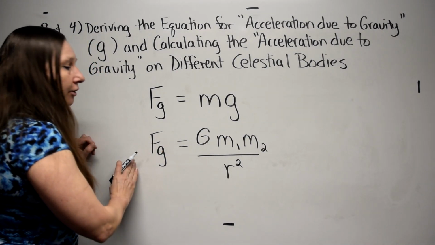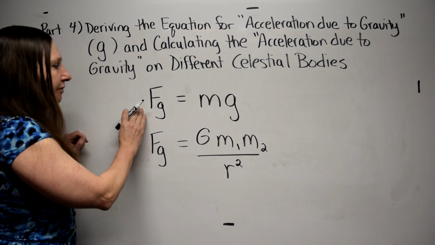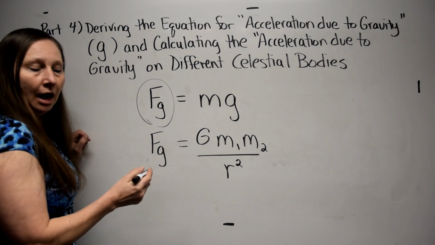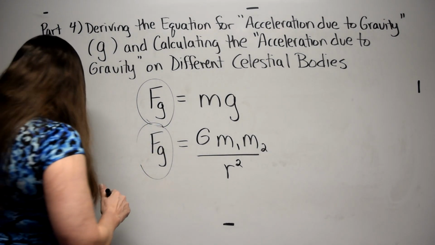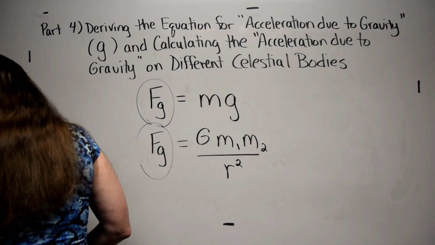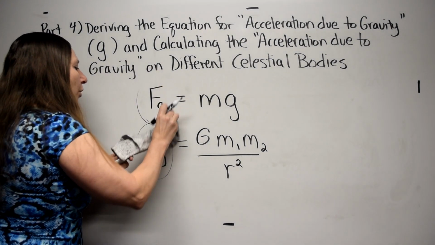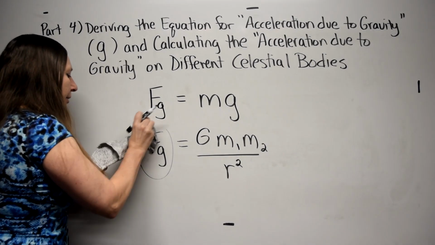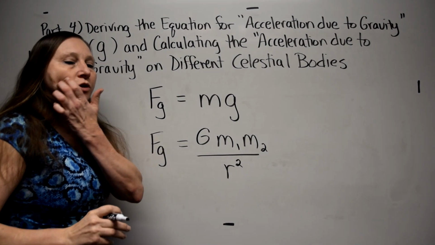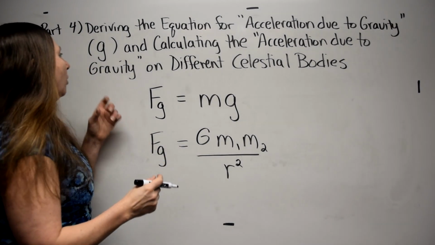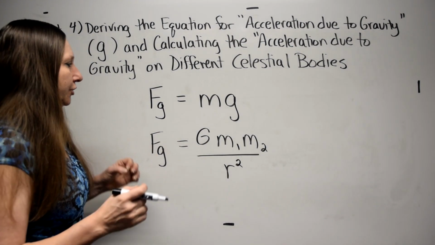Now, looking here, you'll recall that this is a simple equation to find the weight of an object, and this is the more complicated version of that equation to find the weight of an object. Now, what we're going to do is combine these two equations to derive an equation for g, the acceleration due to gravity on any celestial body.